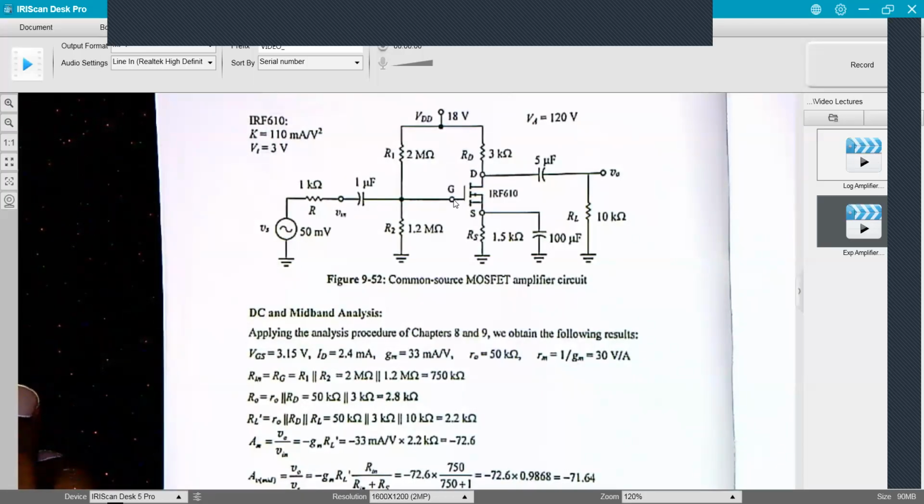Remember with the bipolar transistor, this was like 0.7 volts higher. Well, this can be even more than that, but it has to be at least 3 volts higher than your source in order to get current flowing from your drain to your source. So this is the IRF610.